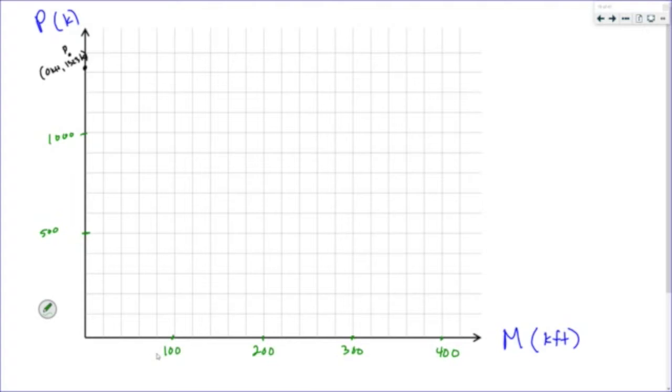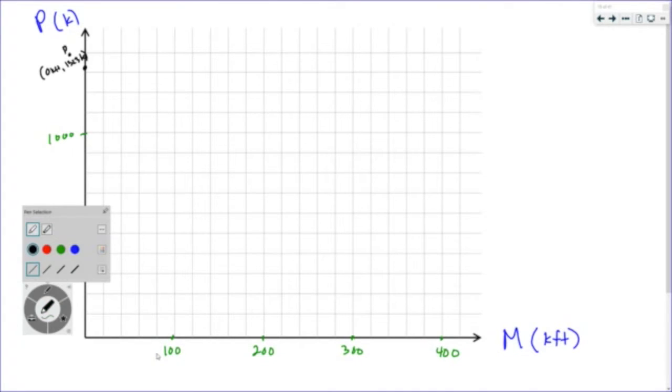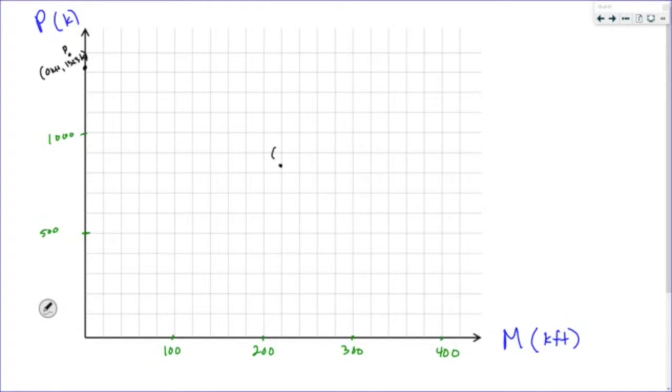So 221 kip feet and 851. That's 800, 851. Is that right? Oops, black. 221 kip feet, and 851 kips. This is my onset of cracking.